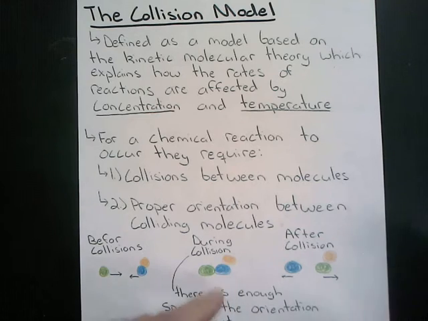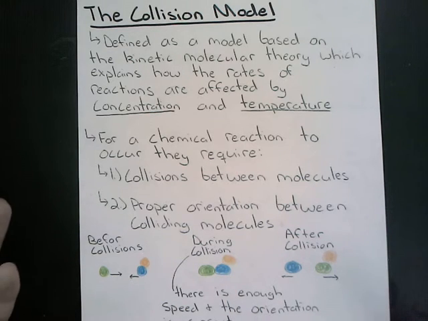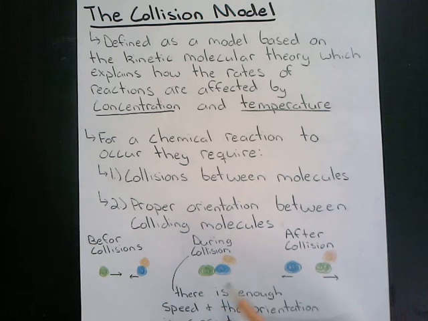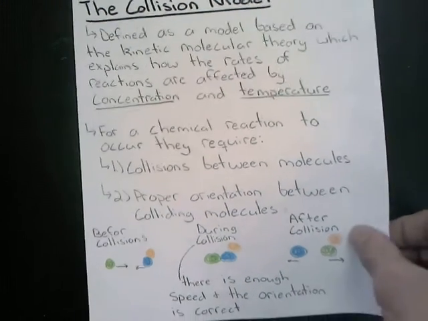Or if these molecules are moving slow, the reaction doesn't happen because there has to be enough speed, enough kinetic energy to jar these molecules loose and produce the aftermath or the products. So now that we have this idea in mind about the collision model, we can move on to a topic known as the activation energy.